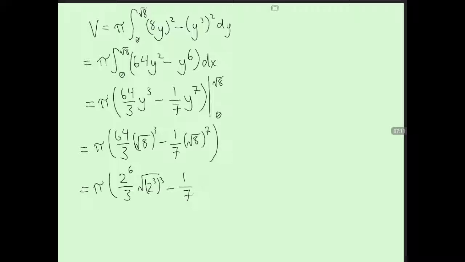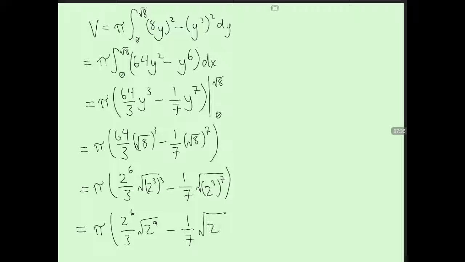And same thing on the other side: the square root of 2 to the power of 3 to the power of 7. Simplifying further, we have 2 to the power of 6 over 3 times root 2 to the power of 9, minus 1 over 7 root 2 to the power of 21.